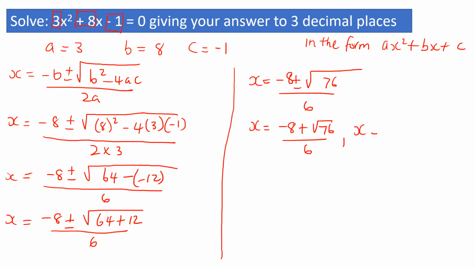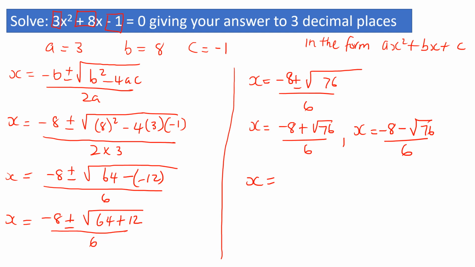And x equals negative 8 minus the square root of 76 over 6. That's what the plus and the minus mean: you get two equations. Keep in mind we have to give our answer to 3 decimal places. So negative 8 plus the square root of 76 is 0.717779.